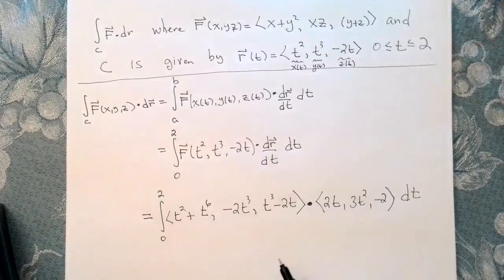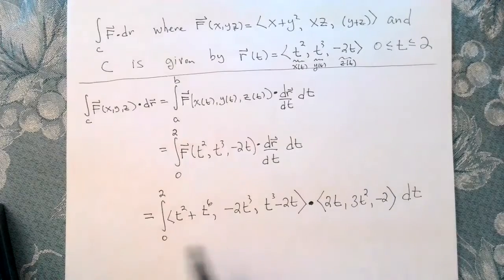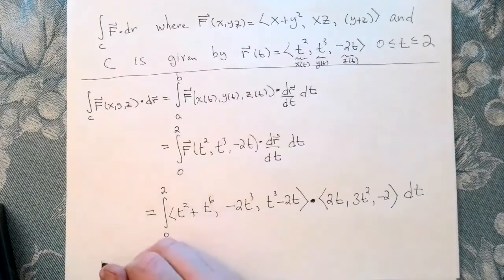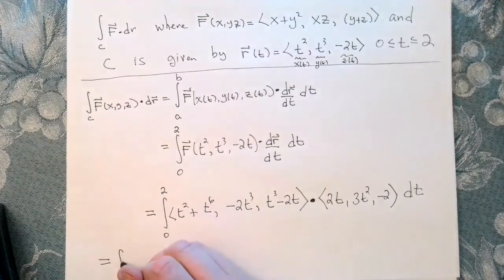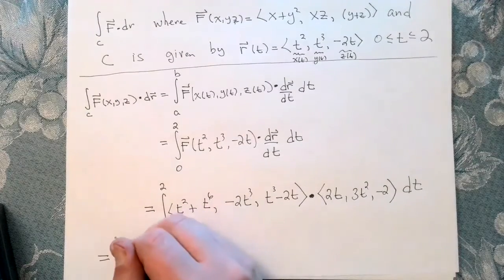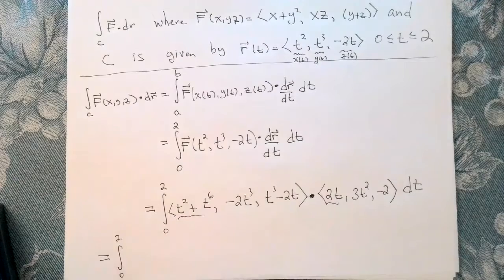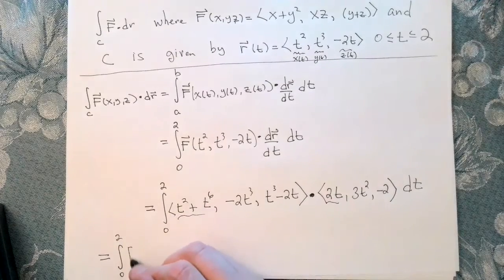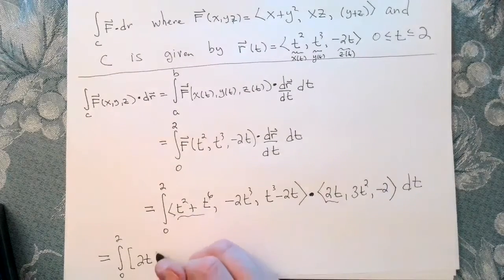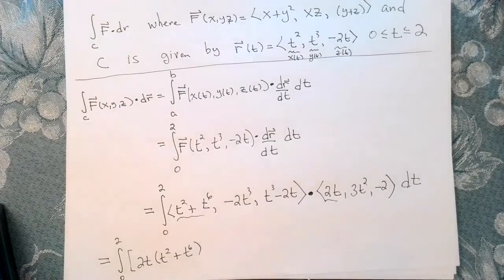So now we want to compute the dot product carefully. Remember, the dot product of two vector functions should be some scalar function. So we want this times this. That's going to be 2t times t squared plus t to the 6.